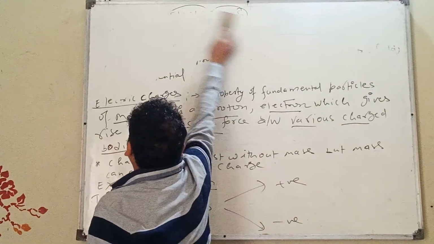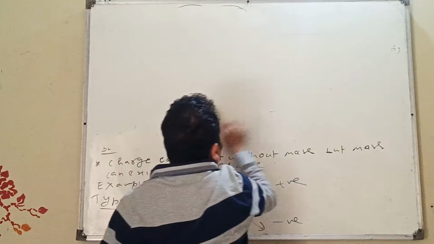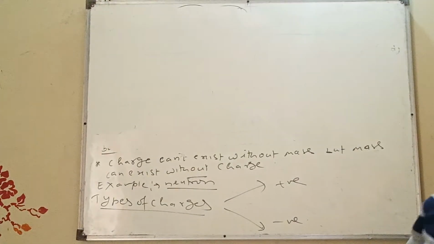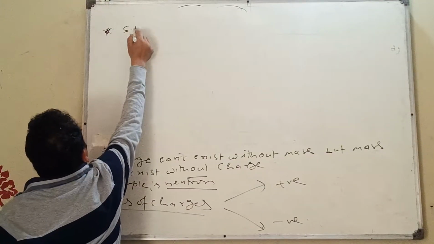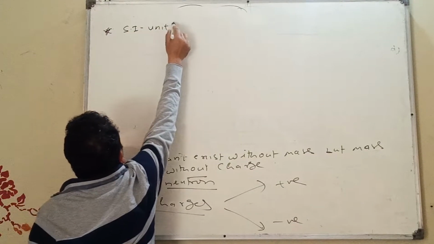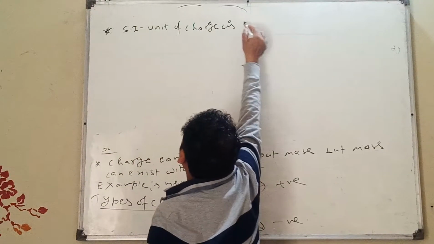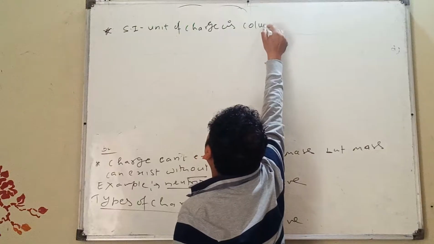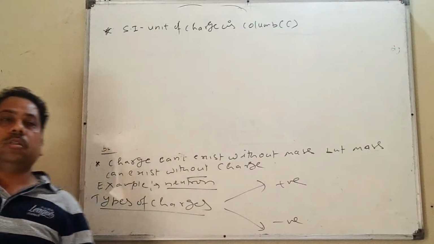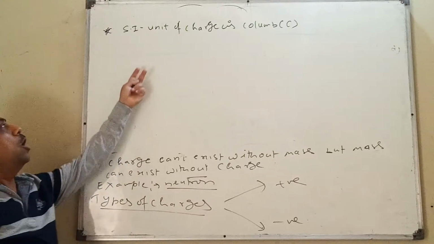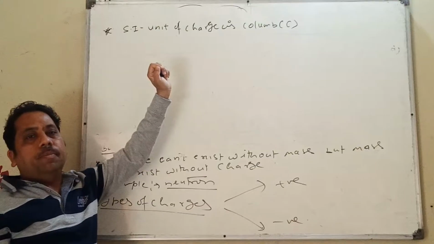If we talk about the simple properties of charge, first of all you must know that the SI unit of charge is coulomb. This is the SI unit of charge.